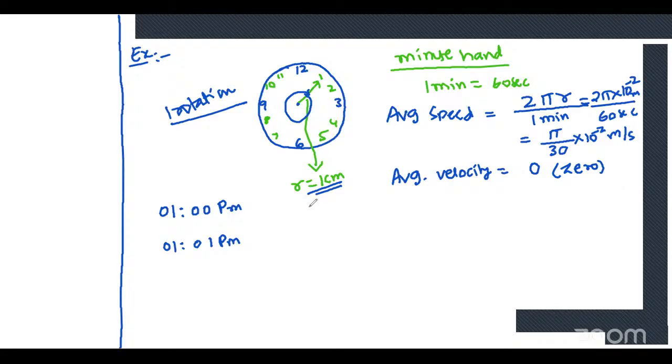Similarly, we can consider the hour hand.